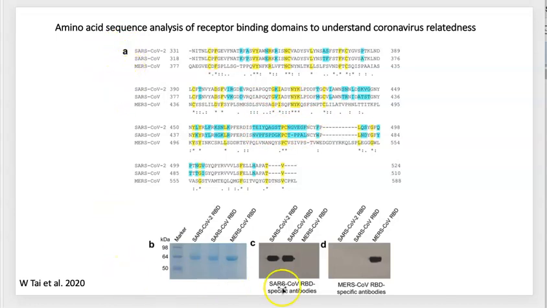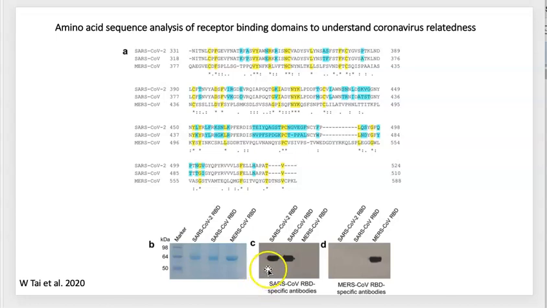Down here is just another version of this experiment so we can get a sense of evolutionary relatedness. So here is just a protein gel showing you the receptor binding domain proteins run on a gel so you can see the banding. And here's a Western blot in which the isolated proteins have been run on a gel and then stained with specific antibodies, in this case SARS-CoV-1 receptor binding domain specific antibodies.